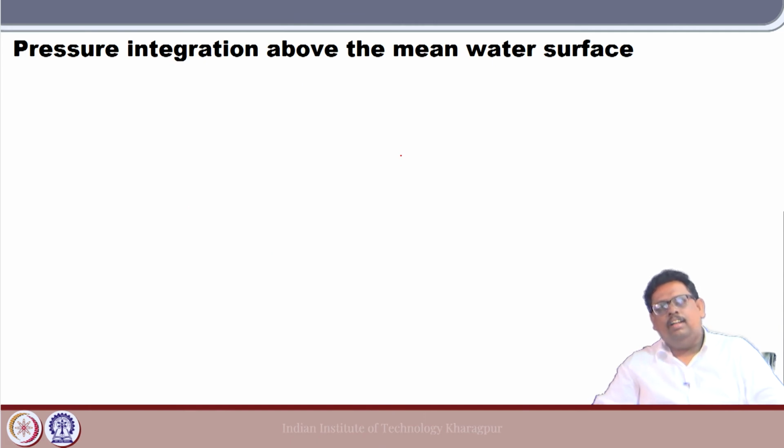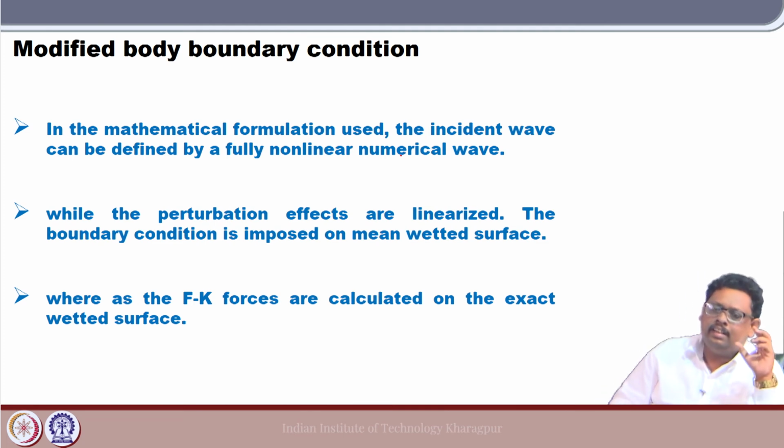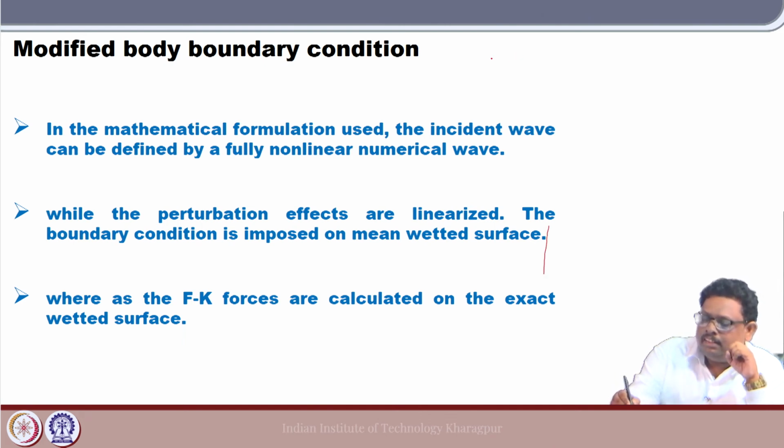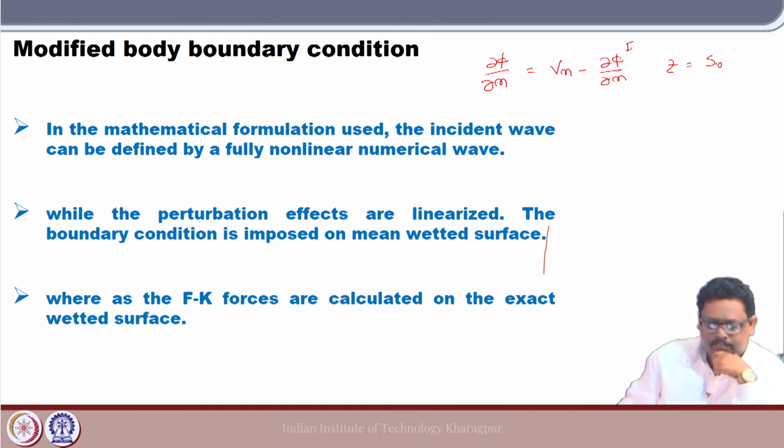Now, here let us do one more thing. In this nonlinear formulation, if you remember, what is my boundary condition? It is del phi del n equal to V n minus del phi I by del n, and this applies at z equal to S 0, that means the mean wetted body.